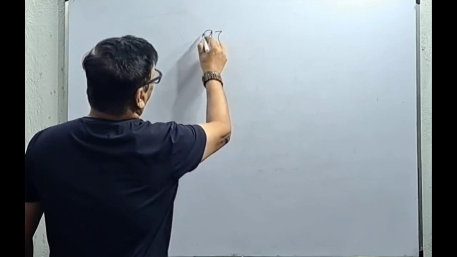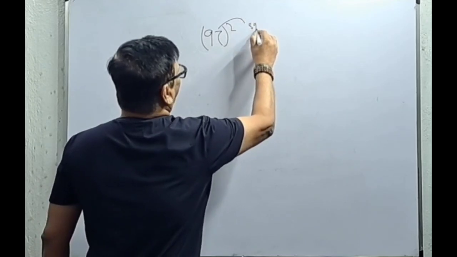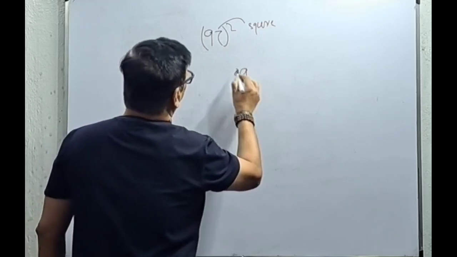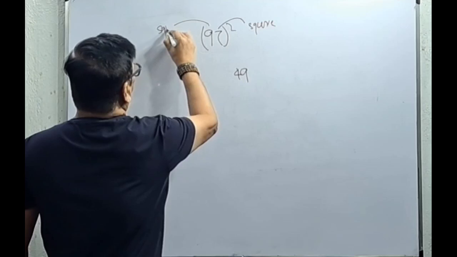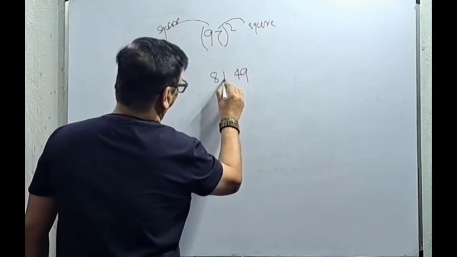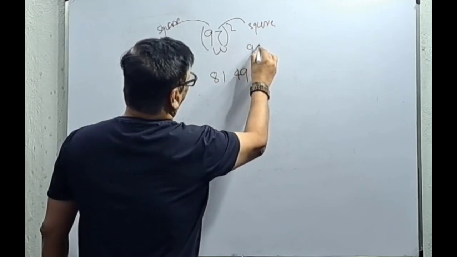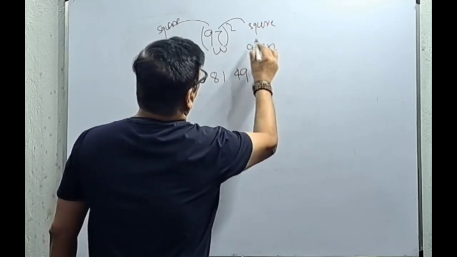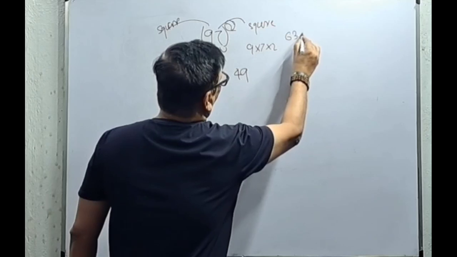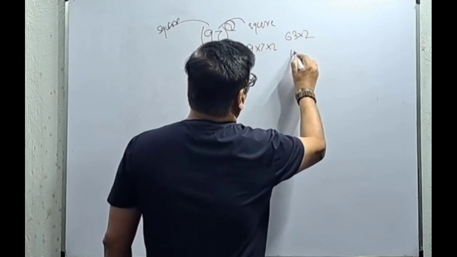Now, in order to do a bigger one, suppose which has got a bigger value, like 97 squared. So we'll do the same thing, square it. We write 49. Square the other, 81. Now multiply 9 into 7 multiplied by 2. So it is 63 multiplied by 2, which is 126.